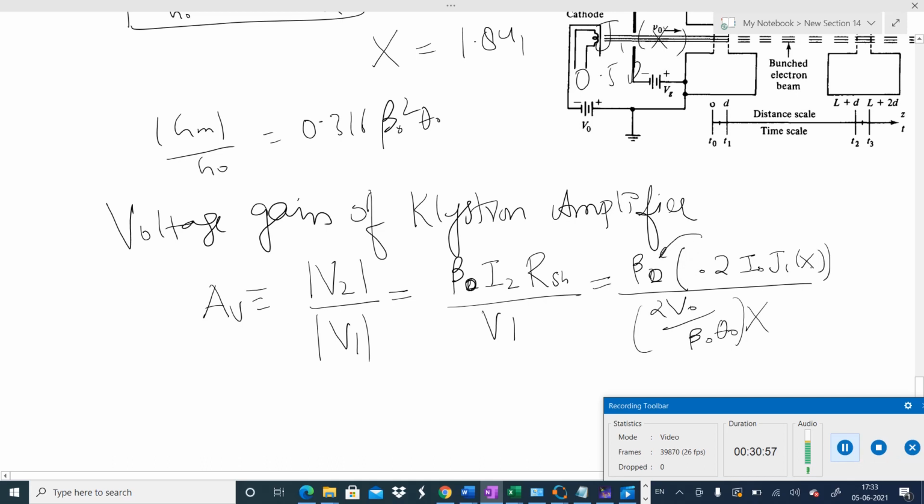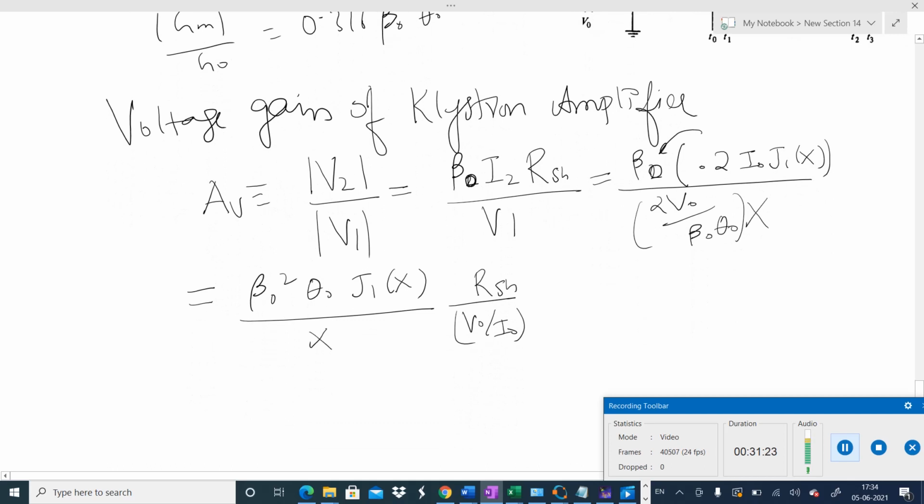So 2 I naught J1 of X. Now this becomes beta naught square theta naught J1 of X divided by X. Then there is 1 over, I will write V naught by I naught like this, and RSH.